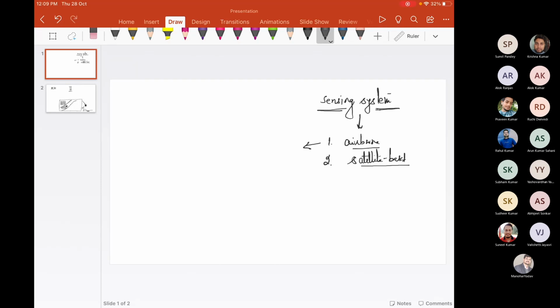For our discussion, we are considering the airborne platform, where the sensing system is installed with an aircraft, or aeroplane.